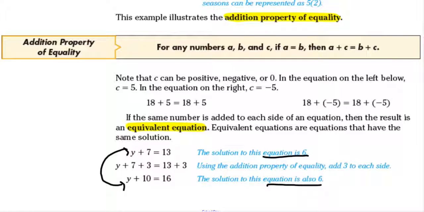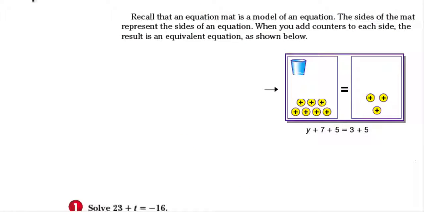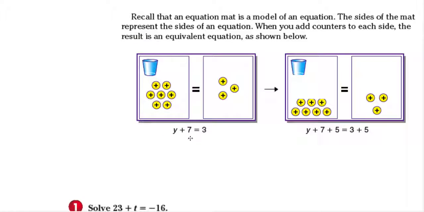More review. Recall that the equation mat is a model of an equation. The sides of the mat represent sides of an equation. When you add counters to each side, the result is an equivalent equation as shown below. So we start off with this mat: y plus 7 equals 3.